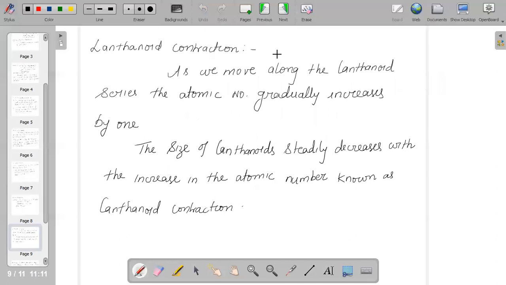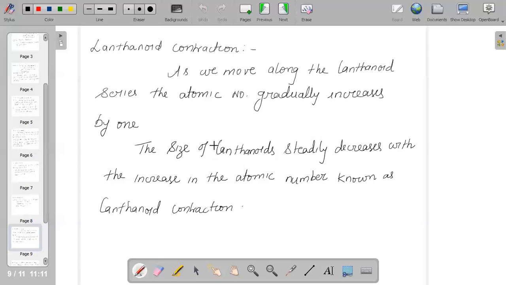As we move along the lanthanoid series, the atomic number gradually increases by 1, so the number of electrons and protons increases. But if electrons are added to the same shell, the effective nuclear charge increases, and the increase in atomic number also increases the number of electrons in the 4f orbital, which has a very poor shielding effect.